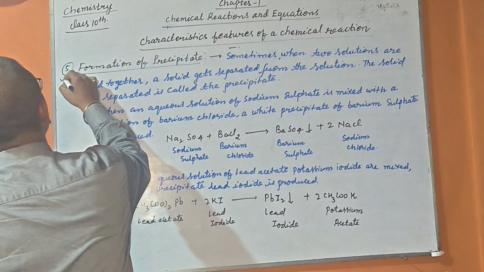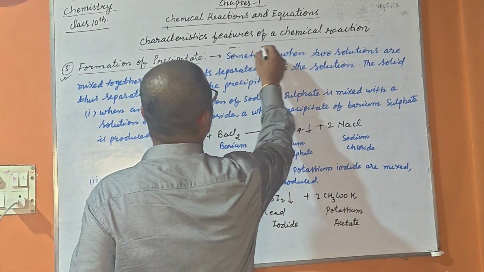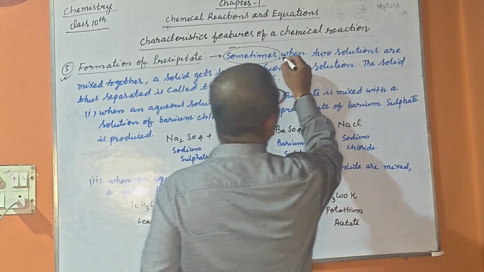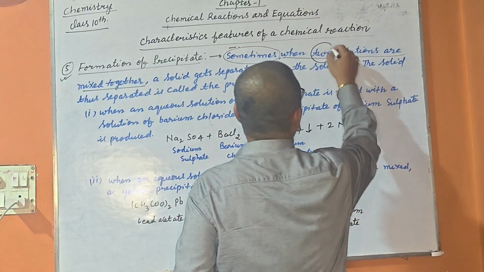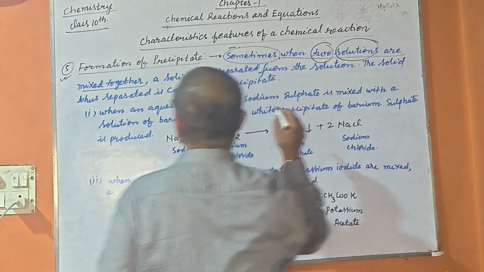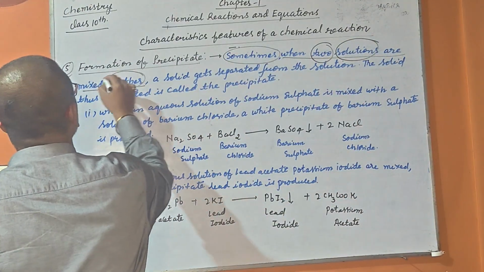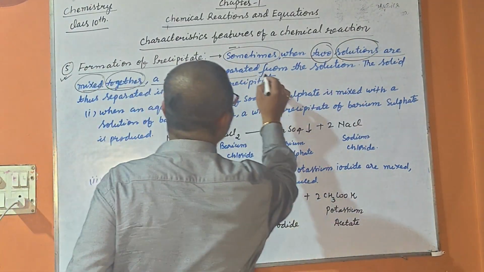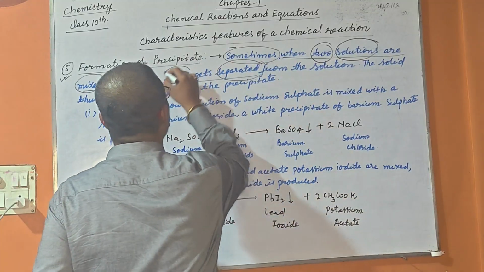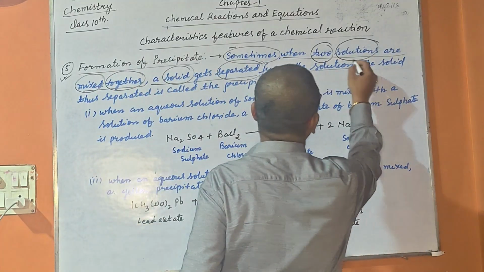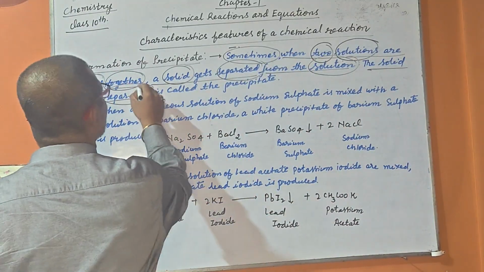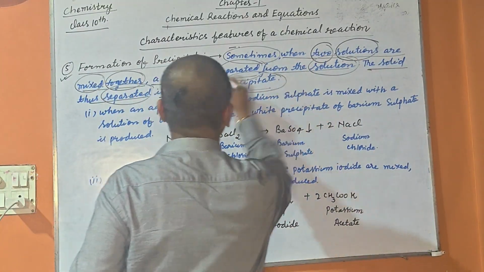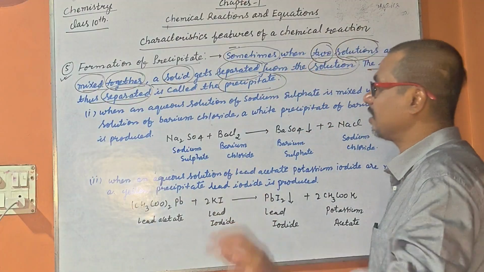Sometimes when two solutions are mixed together, a solid gets separated from the solution. The solid thus separated is called the precipitate, and the remaining part is called the residue.